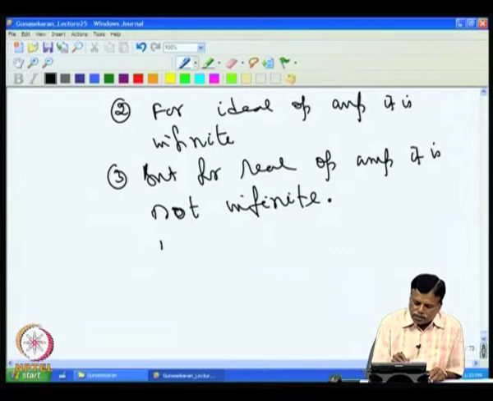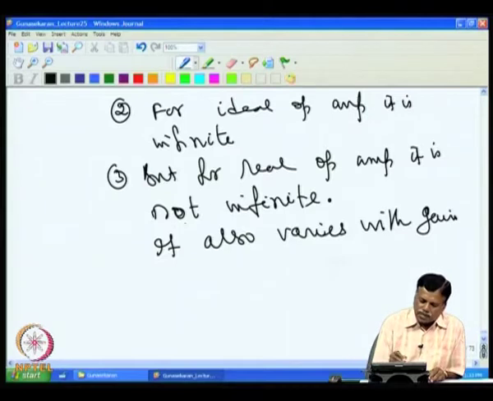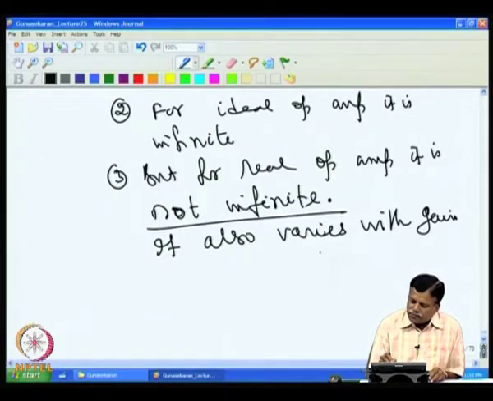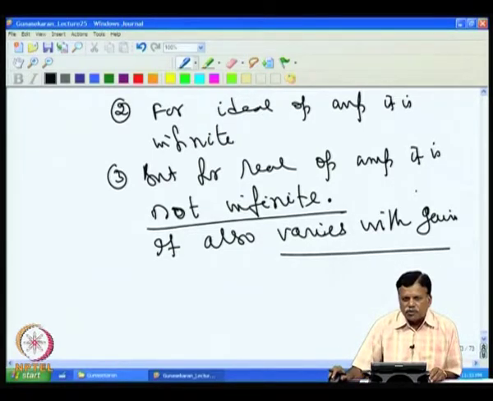Not only that, it also varies with gain. So, these are two important points we have to realize, that for the real op amp it is not infinite and it varies with the gain, and this is overlooked by most of the designers in real life.